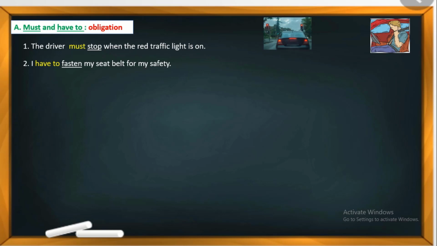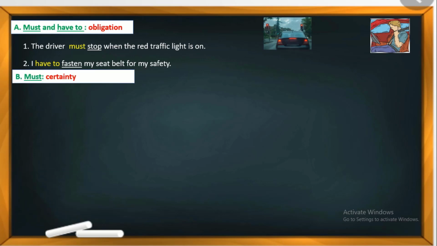It's very necessary, it's very obligatory to fasten my seat belt for my security. And also, if the police stops me and I am not fastening the seat belt, I should be fined. So I have to encounter problems.